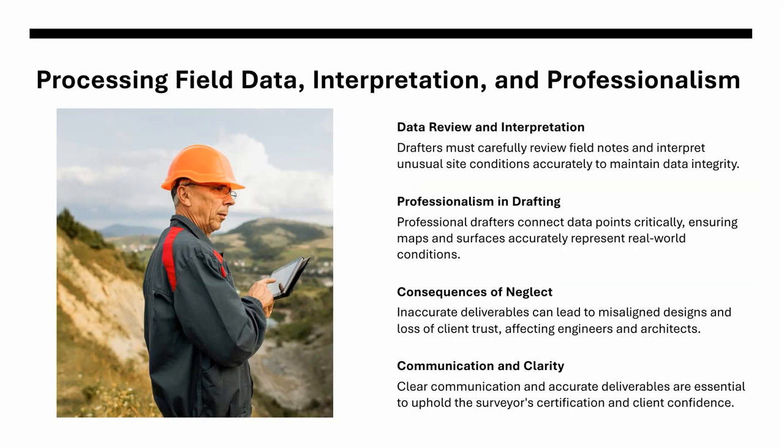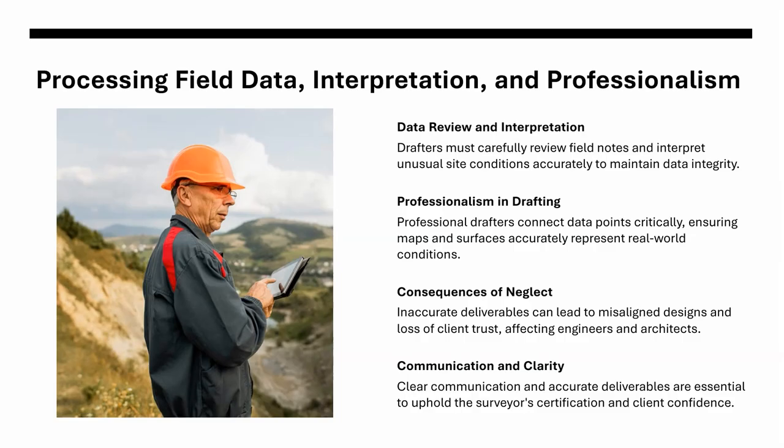And once the data comes back to the office, the field book, or more often these days, the data collector file, will be downloaded. The points reviewed. If the crew noted unusual conditions, a culvert partially blocked, a fence offset from a property line, a tree that was dead or dying, those notes must be carried forward.